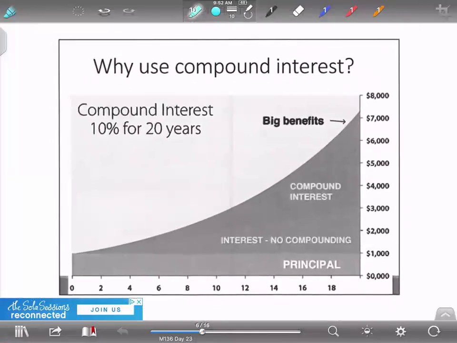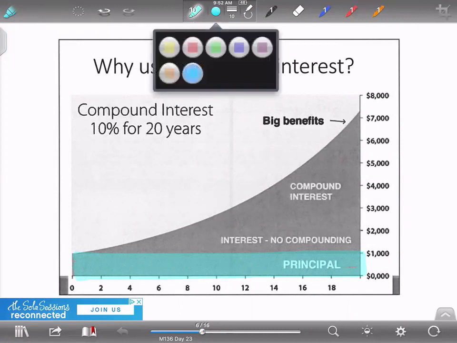So I put this little blurb in here about compound interest. It did not copy very well, but we're going to run through it. This region right here at the bottom is your principal amount through this entire 20 years. So your principal amount stays the same. It's not ever going to change. If you invested, in this case, $1,000, that $1,000 is going to stay in your account forever.